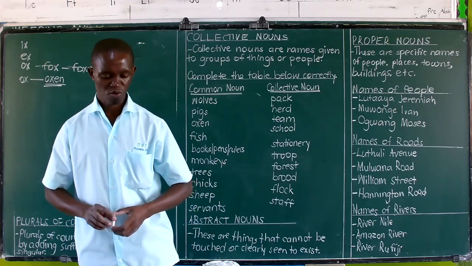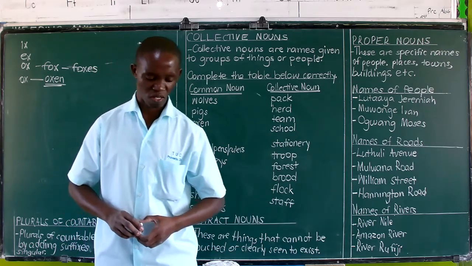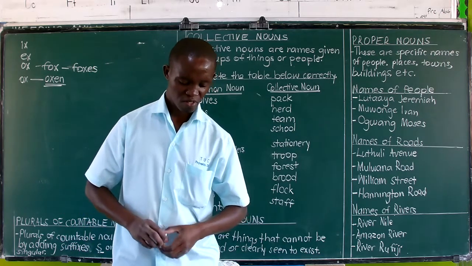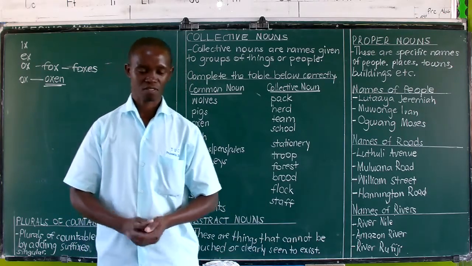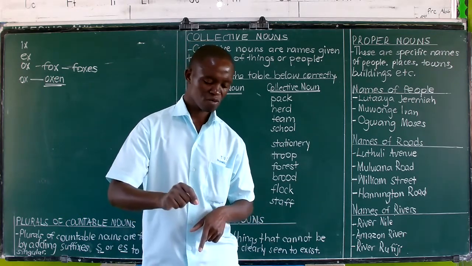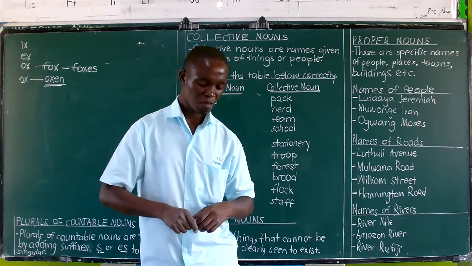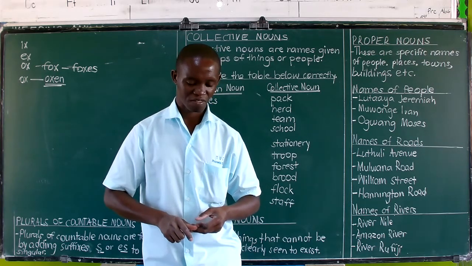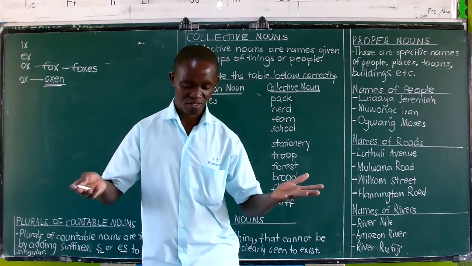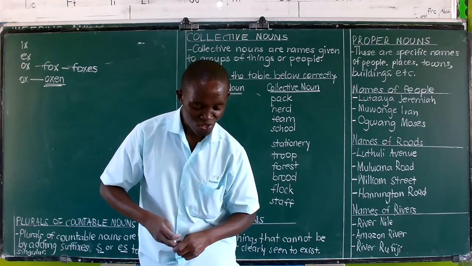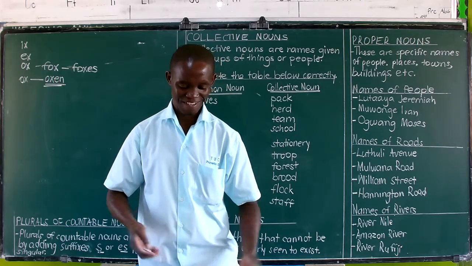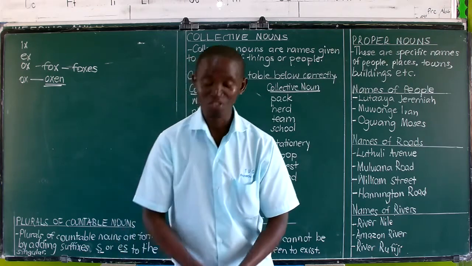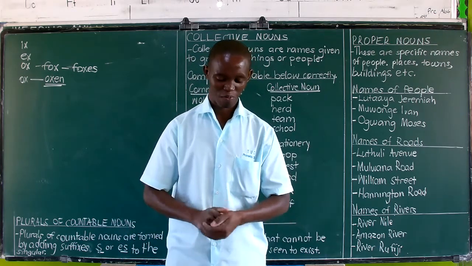The following nouns look plural, but they are singular. Examples, we have civics, physics, mathematics. And this one includes scabies, yes, being a disease. Then you see mumps. This word news, the teacher has put it clear here. The word news is singular, so it doesn't have a plural form.